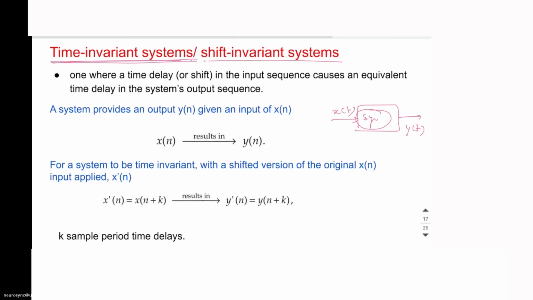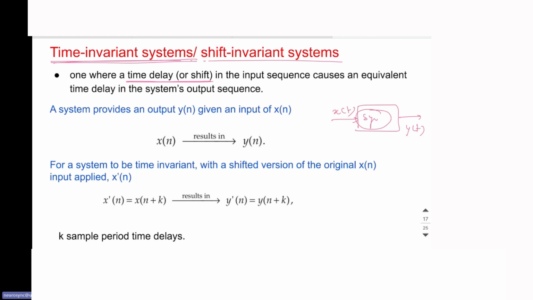Now, how to define this time invariant system? Time invariant systems are the systems where a time delay, that is, a shift in the input sequence, causes an equivalent shift or equivalent time delay in the output sequence.